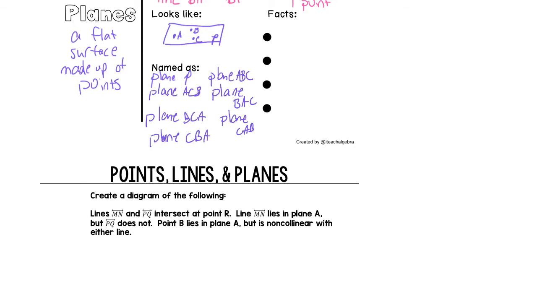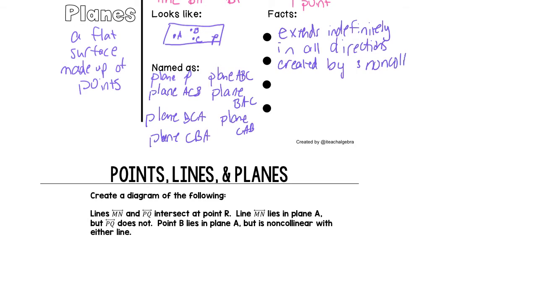Now, the facts about planes. It extends indefinitely. So forever and ever, amen. In all directions. So like a giant sheet of paper that goes on forever and ever and ever. It's created by 3 non-collinear points.